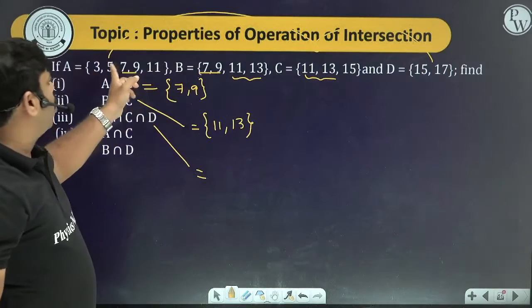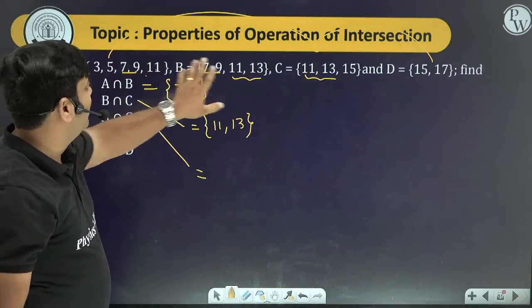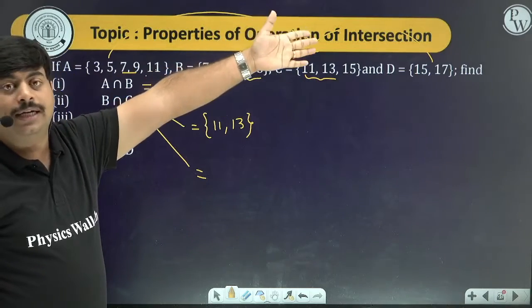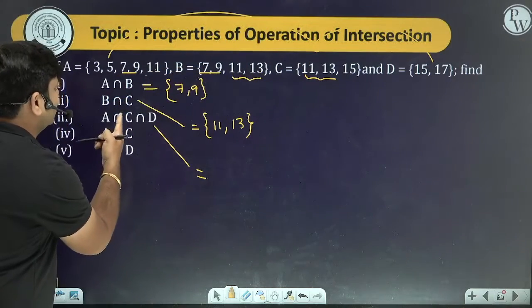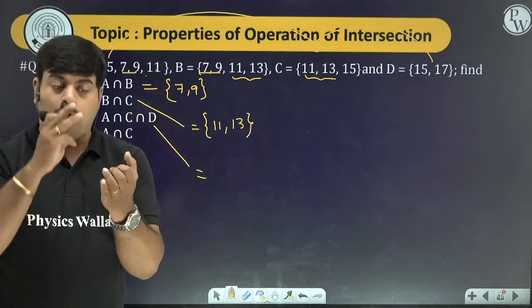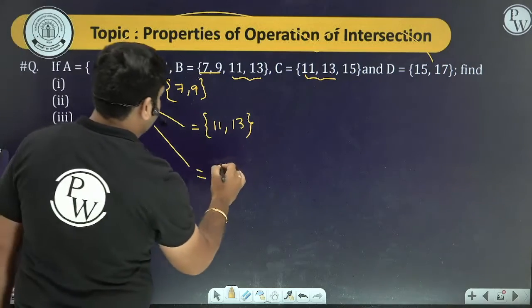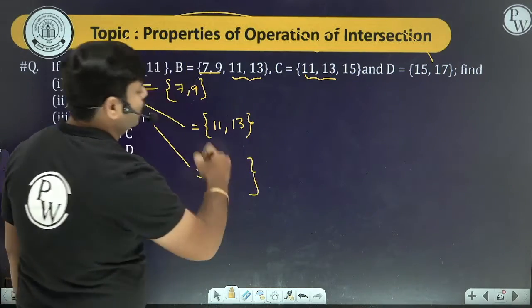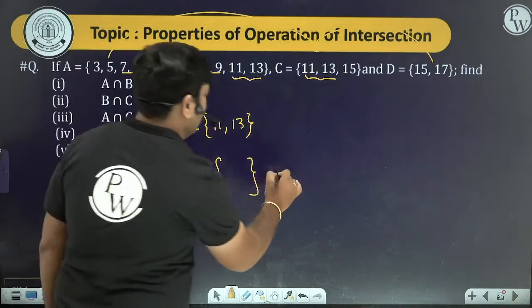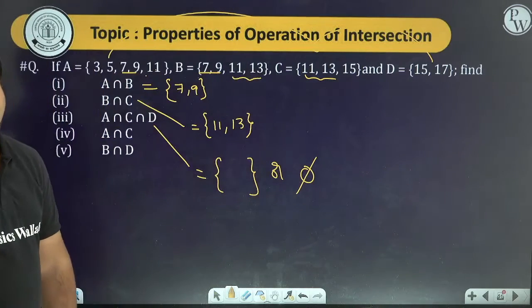Between A and C, you can see 11 is common, but which is not there in D. People, A intersection C intersection D means all the elements which are common for all the 3 sets. So there is no element common between A, C, and D. So that will give you the empty set, which you can write as phi. Okay.